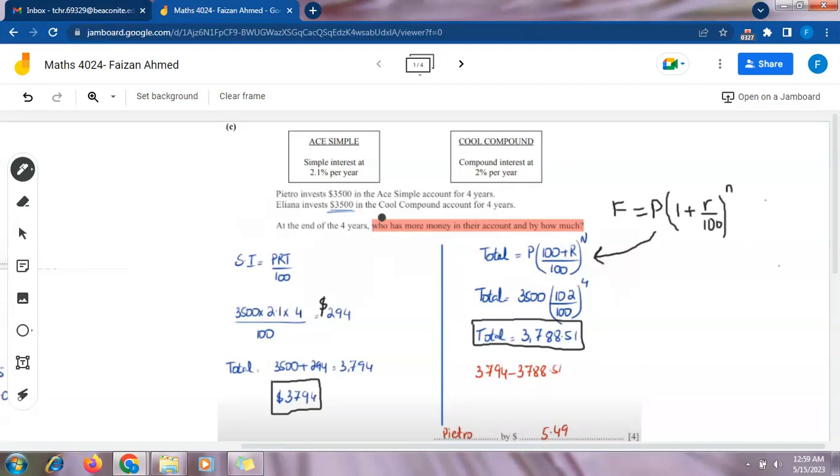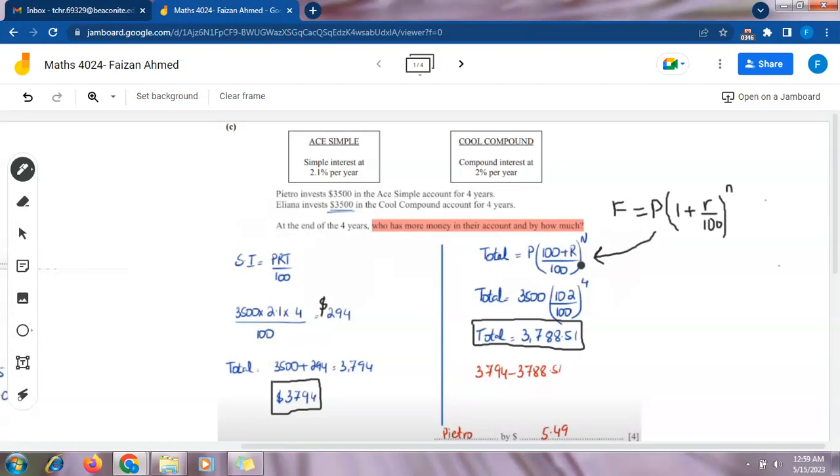The formula for simple interest provides us with the interest, and the formula for compound interest gives us the final value. So we don't need to add anything. We just need to put in all the values.